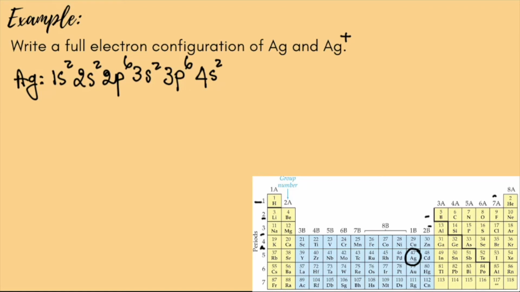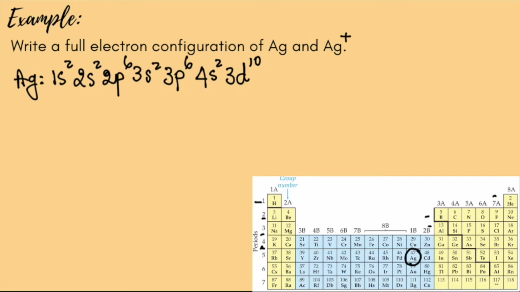In this case, it's going to be 3d because 4 minus 1 is 3. That's also another exception you have to remember. Since silver is right here, that means this is going to go past the d block, so 3d10.